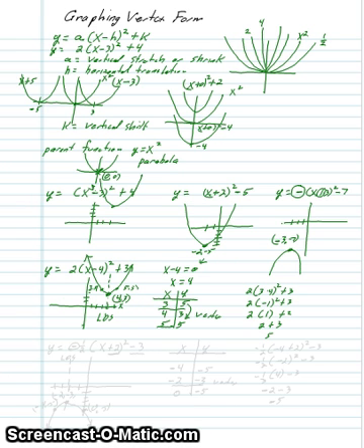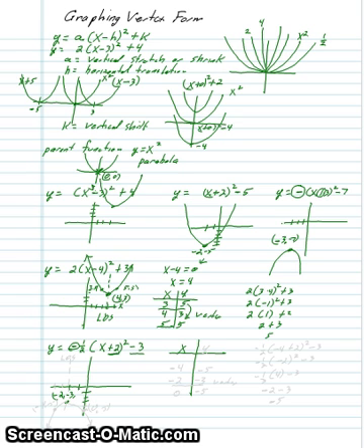Okay, one last one. y equals negative 1/2 (x plus 2) squared minus 3. So the vertex is at negative 2 from this, right there, negative 3 from there. I know it's going to open down because of that negative in front of the 1/2.